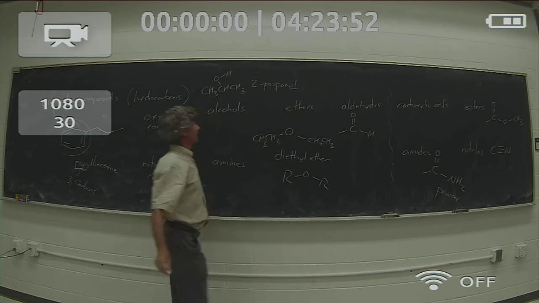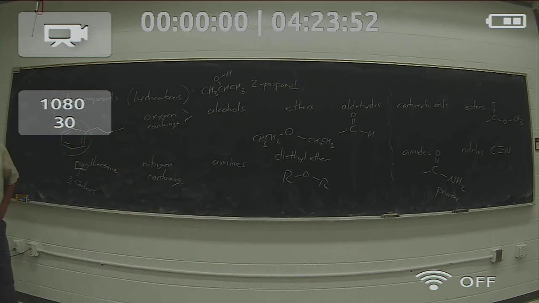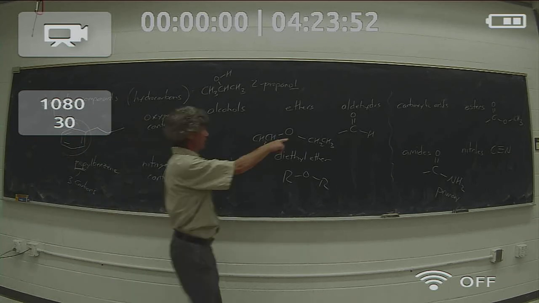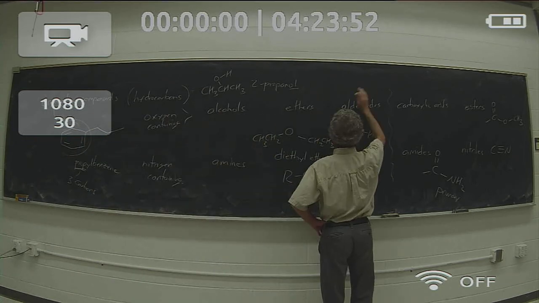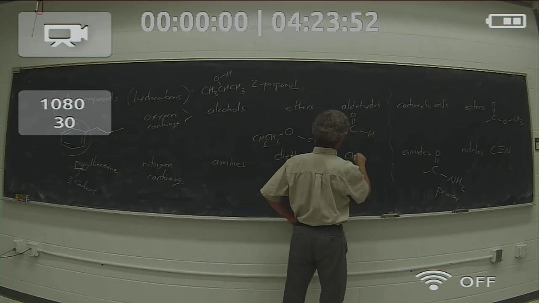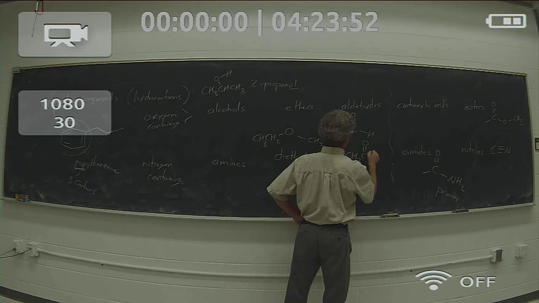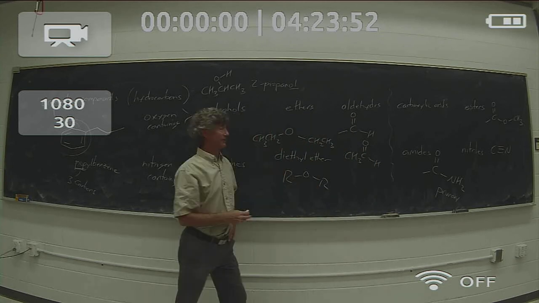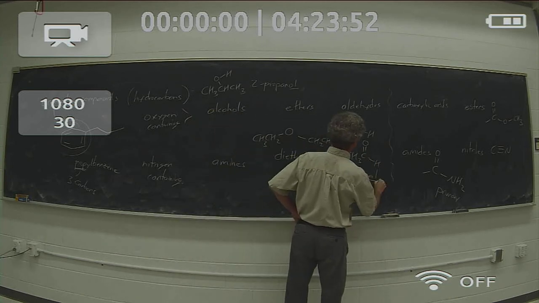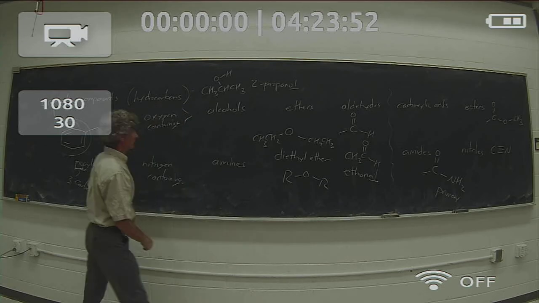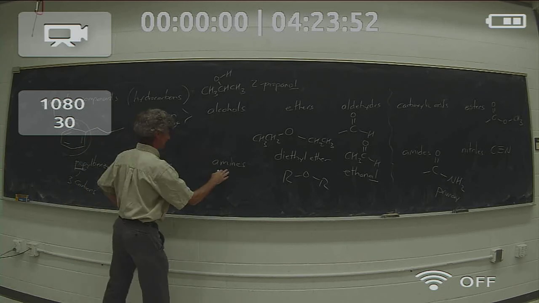We take the E ending off and replace it with OL for the alcohol. For the aldehyde, we take the E ending off and put an AL. So this molecule will be known as ethanal. Amines have a nitrogen attached.